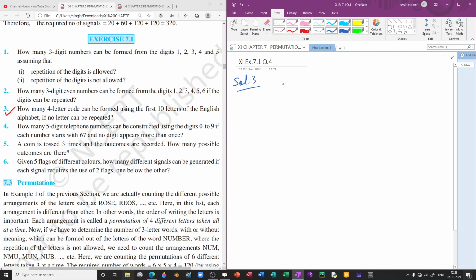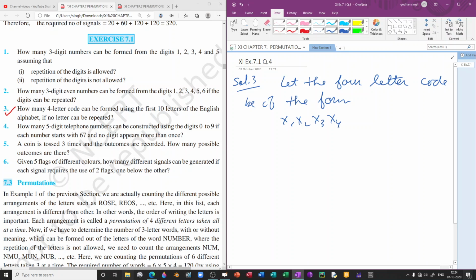let the 4-letter code be of the form x1, x2, x3, x4.